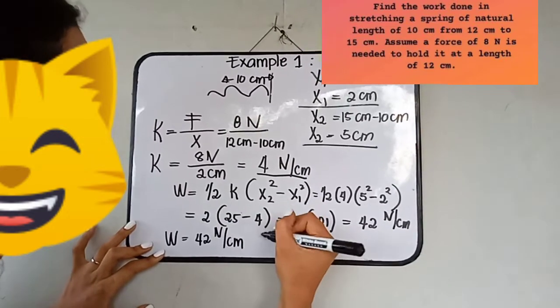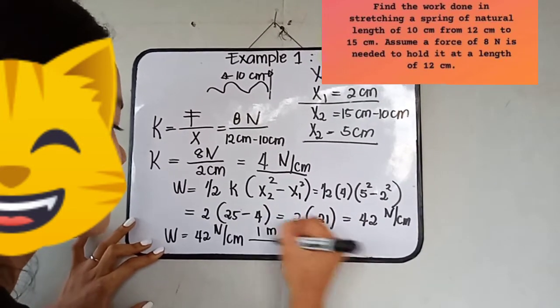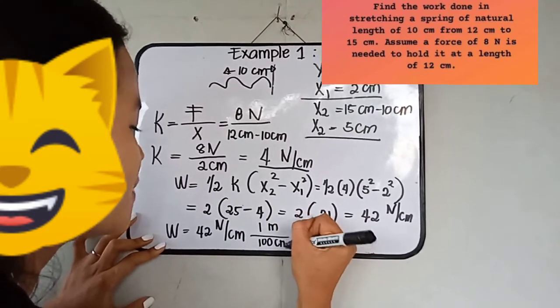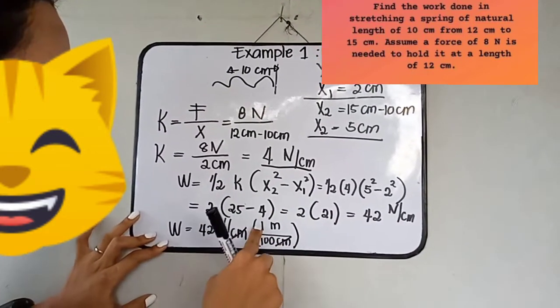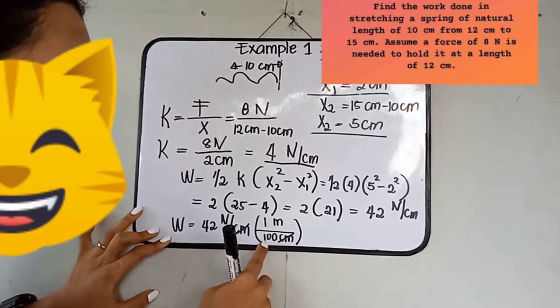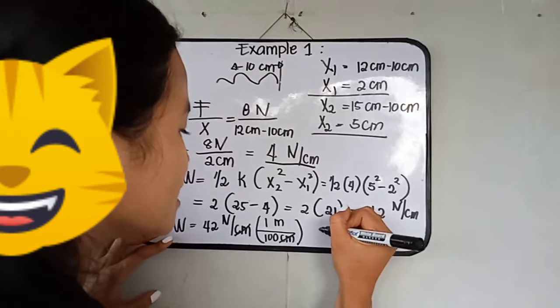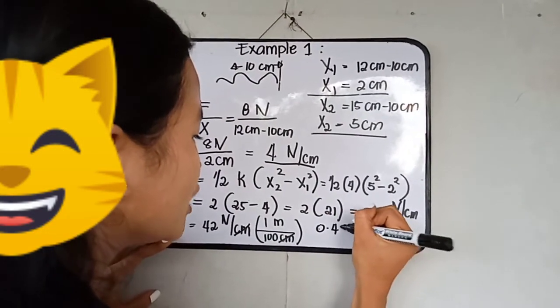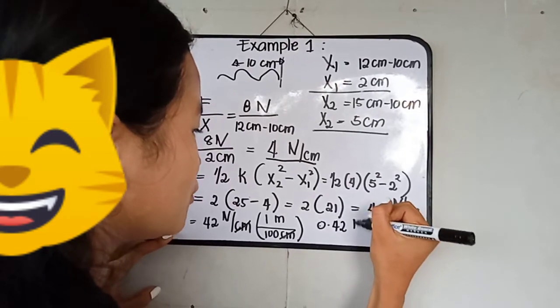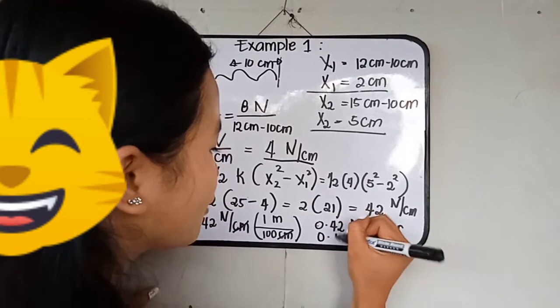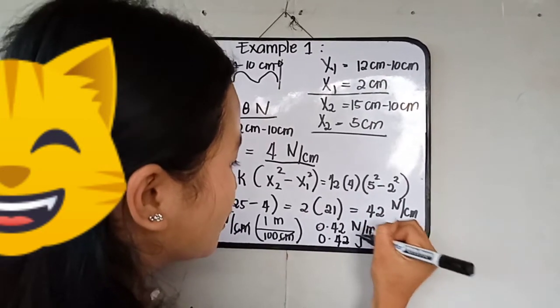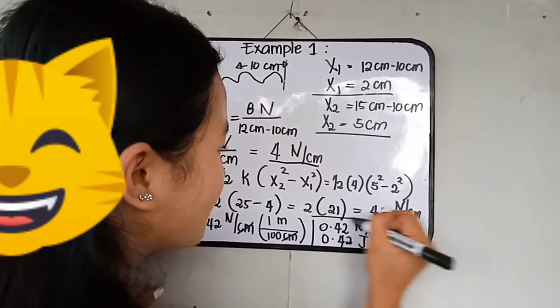Apply the conversion: 1 meter is equivalent to 100 centimeters. Cancel centimeter. 42 times 1 is 42, 42 divided by 100 is 0.42 Newton meters, or 0.42 joule. So this is our final answer.